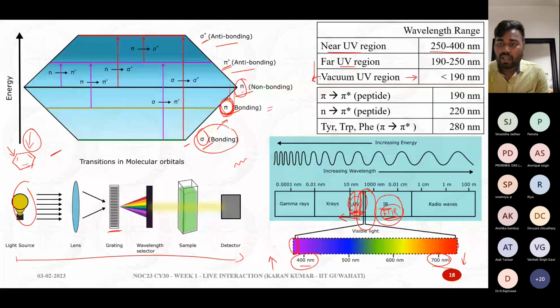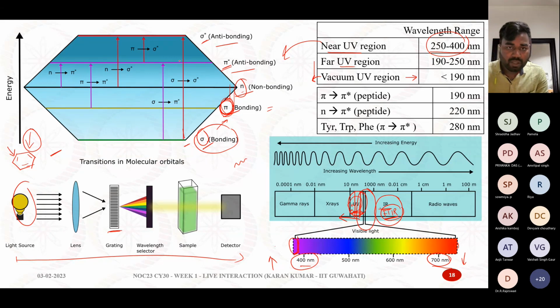So here, depending on which light you are imposing, the electron will have the tendency to move, right? So in the near UV region, which is 250 to 400 nanometer, which is mostly used in the UV spectrophotometer, that makes an important transition in electron, the transition of electron from lower energy state to high energy state.